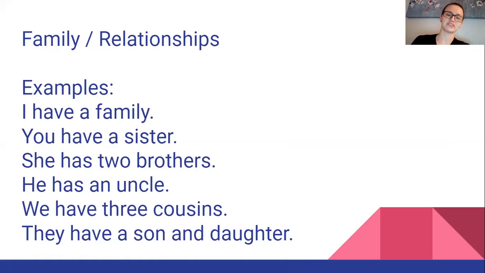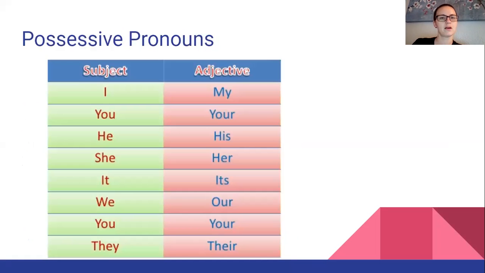They have a son and daughter. Right, so this is what we went over in the past few days. We talked about have and has with families. As we move forward, we'll start to work with has more, so never fear there. We're going to move on to possessive pronouns.